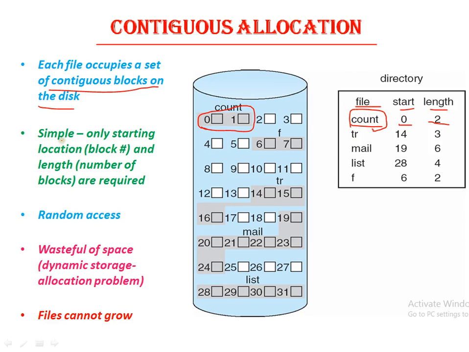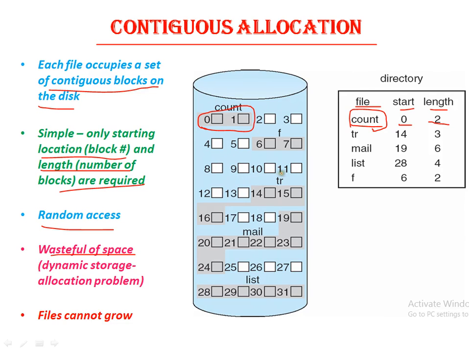So it is simple: only the starting location and the length of the blocks are required. Random access is possible. Next, it is wasteful of space, that is the dynamic storage allocation problem, because whenever I want to store a file, I must see that the memory is continuous.